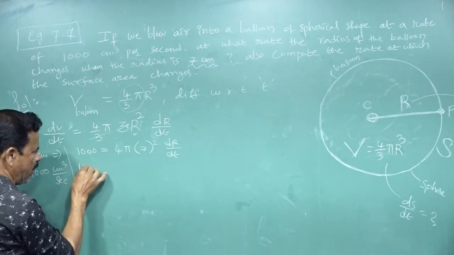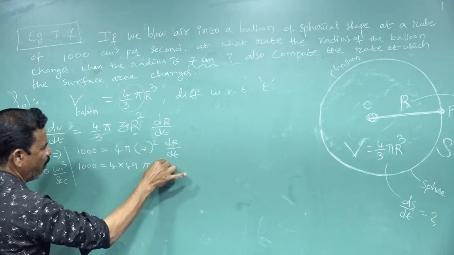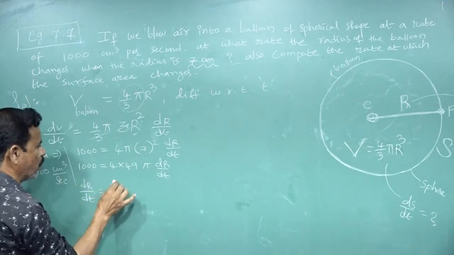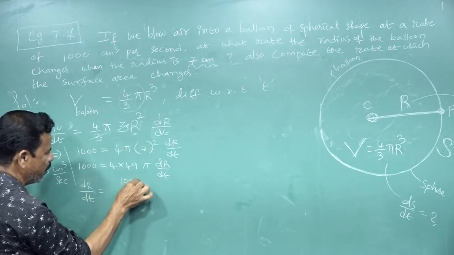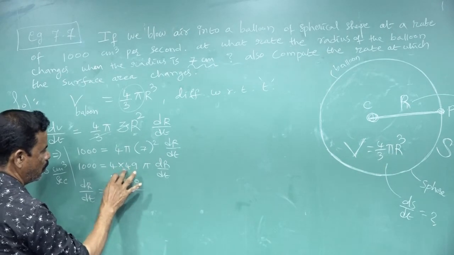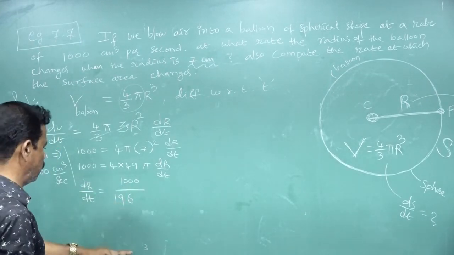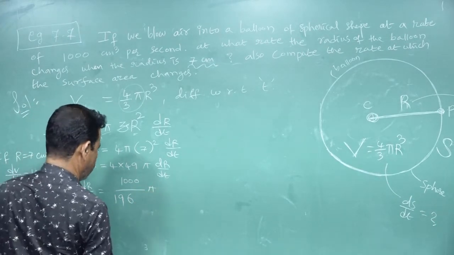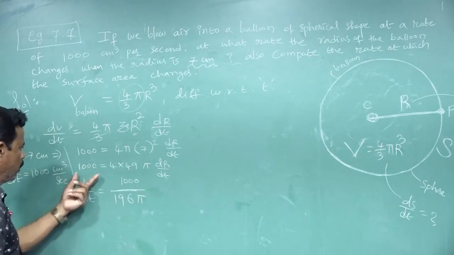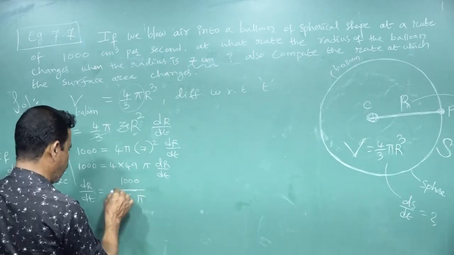Next, 1000 is equal to 4 times 49 π dr/dt. So dr/dt is equal to, taking this term to the denominator, 1000 divided by 4 into 49, how much? 4 9s are 36, 6, 3, 4 4s are 16 plus 3 is 19. So 196 π here, 1000 as it is, and the denominator is 4 into 49, which is 196, and this π is also in the denominator.